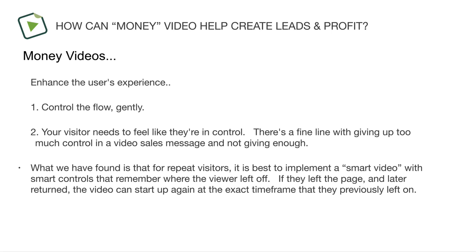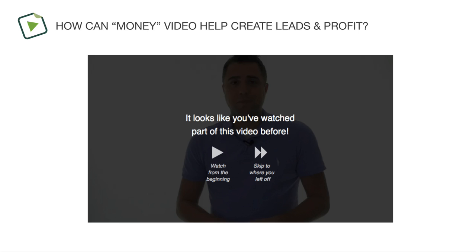Okay, but if they come back a second, third, fourth time, then we turn on the video controls and they can fast forward, go back to where they want. So we have something like this: it says, hey, it looks like you've watched part of the video before. Do you want to watch from the beginning or skip to where you left off? Okay, that helps to create a better experience for the user.